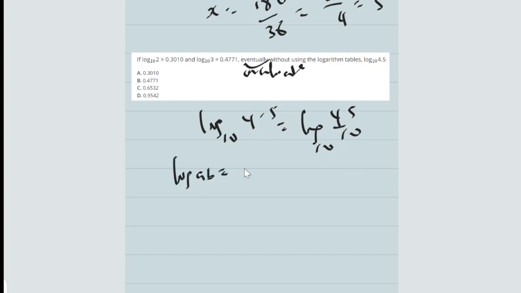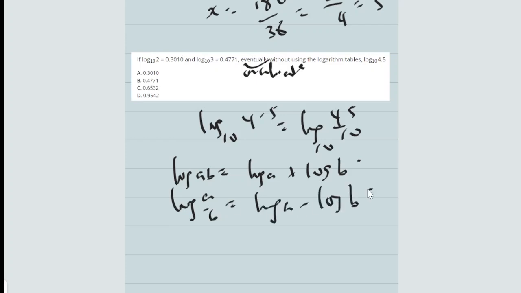When you have log AB, the logarithm of a product of two numbers is the same thing as the sum of their logarithms. Likewise, log A divided by B is the same thing as log A minus log B. When you have log M base M, or log A base A, it is the same thing as 1. Also, log A raised to power B is the same thing as B log A.